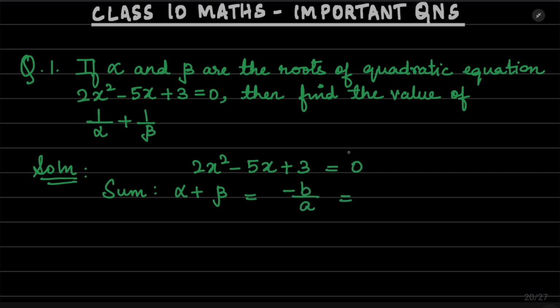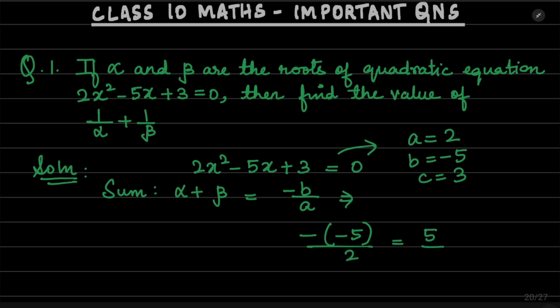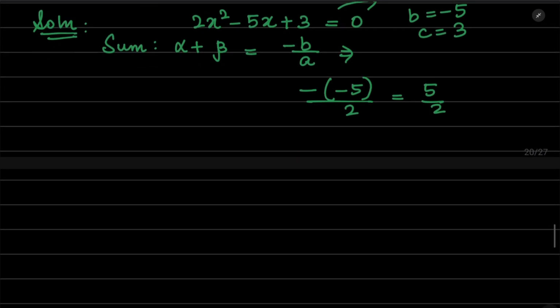From this equation, your a is 2, your b is minus 5 and your c is nothing but 3. So what will be minus b by a? It will be minus of minus 5 by 2, which is nothing but 5 by 2. This is your sum of the roots, right?